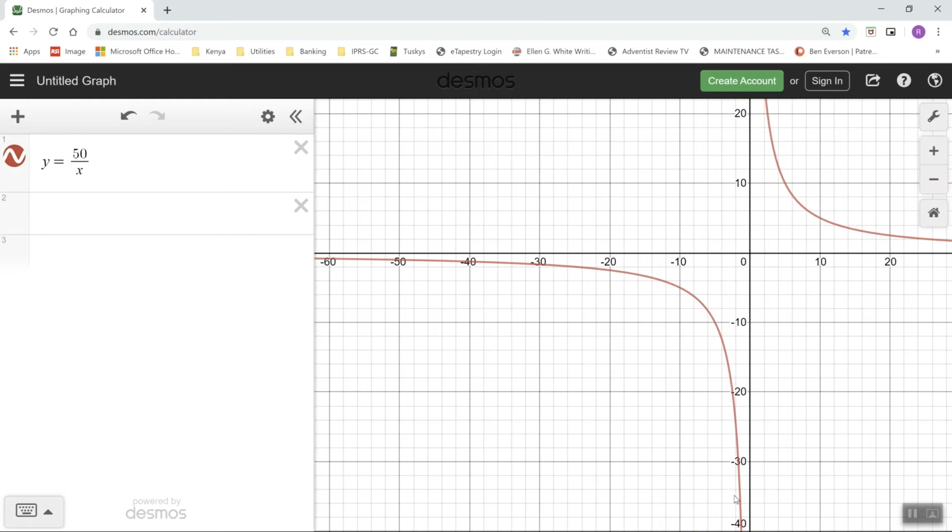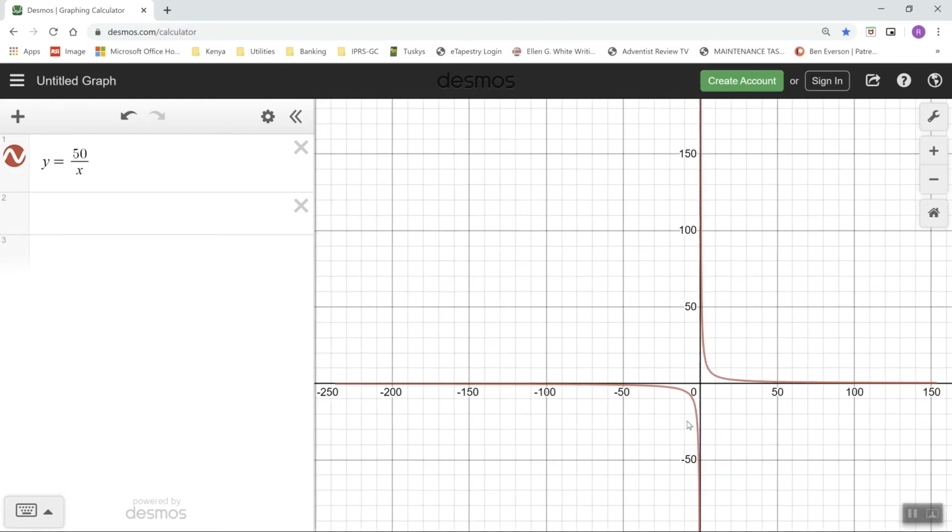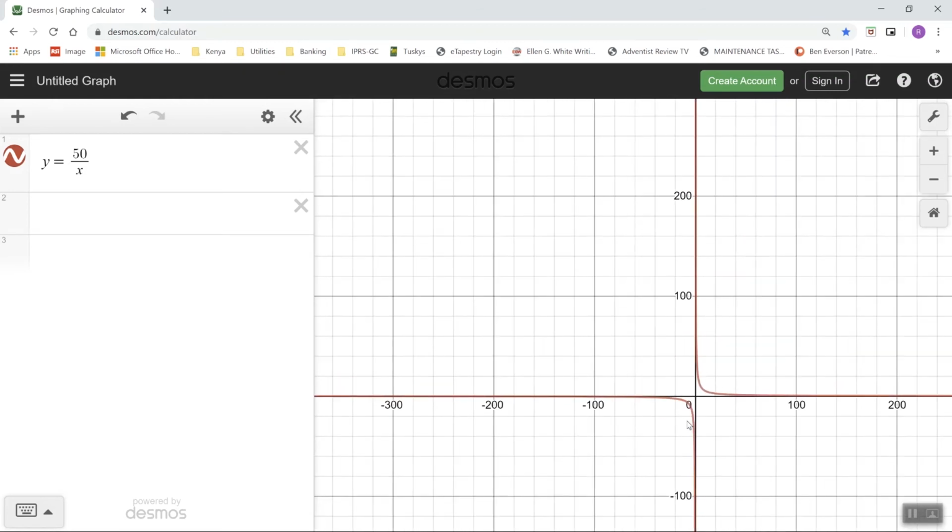It's getting more and more negative. It's going farther and farther down. And eventually, you could say that for all intents and purposes, it approaches x equal to 0 and y will approach infinity. So notice the equation y equals some number, like 50, over x.